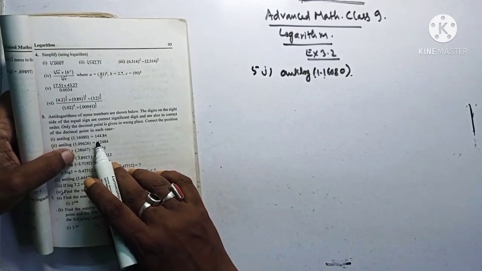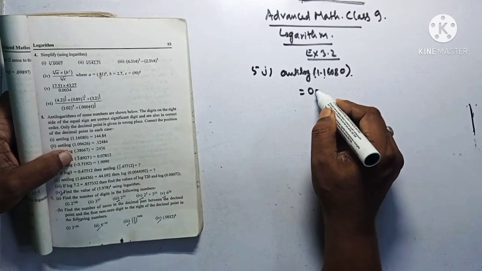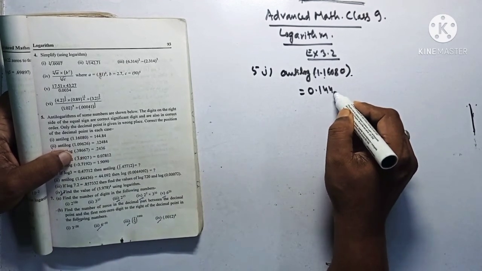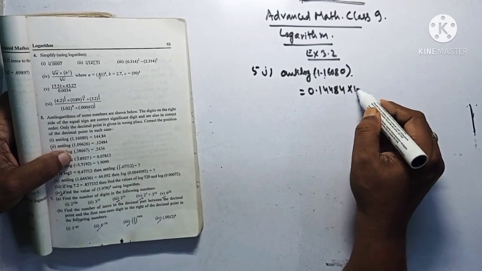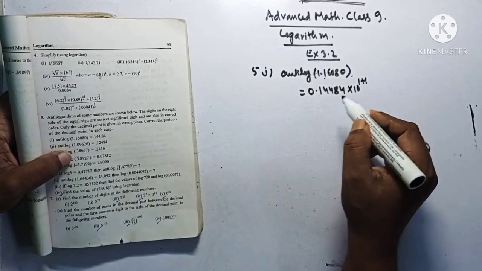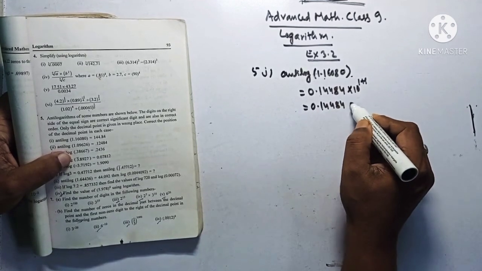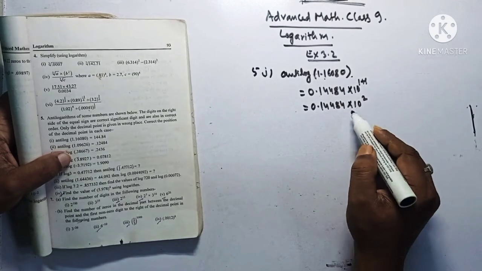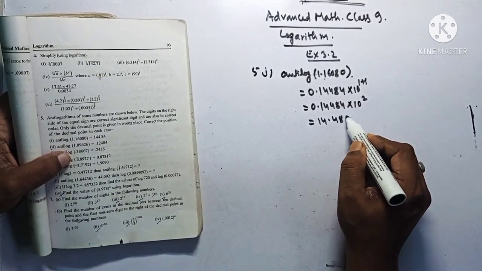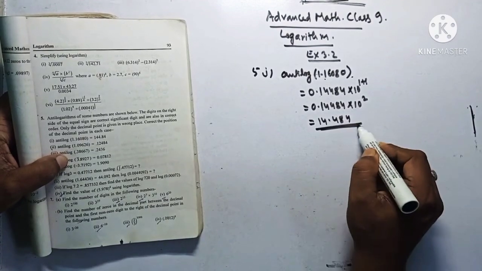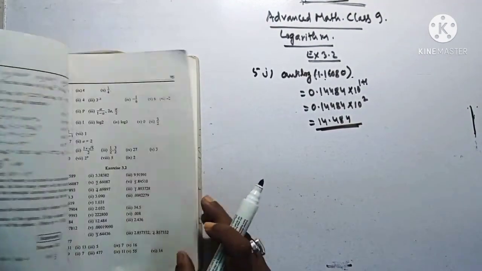So this value is given to you, so actually how much was this? 0.14484, this was the value. Characteristic 1, into 10 to the power of 1 plus 1, that is 2, so 0.14484 into 10 to the power of 2, so 2 decimal places, so 14.484. This decimal place must be placed here. This is your answer.